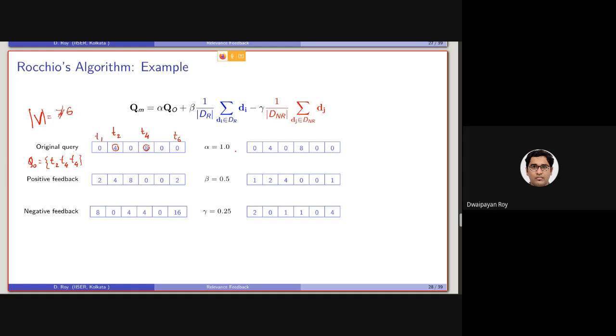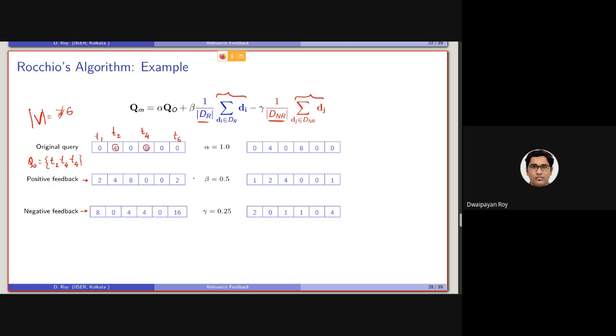Now let's say, based on this original query, we have performed an initial retrieval, and the user has marked some of the documents as relevant and some of the documents as non-relevant. That is, the user has initialized DR and DNR. And based on these two, let's say this vector looks like this positive feedback vector, and this vector looks like this negative feedback vector.